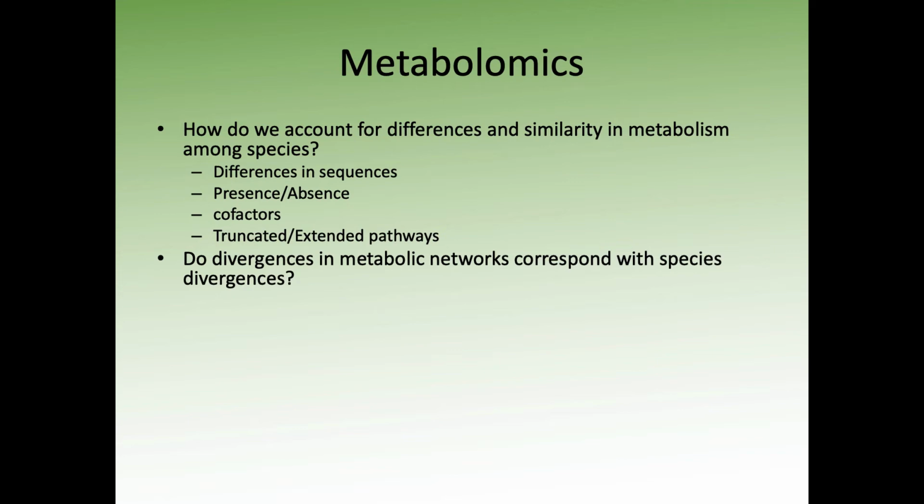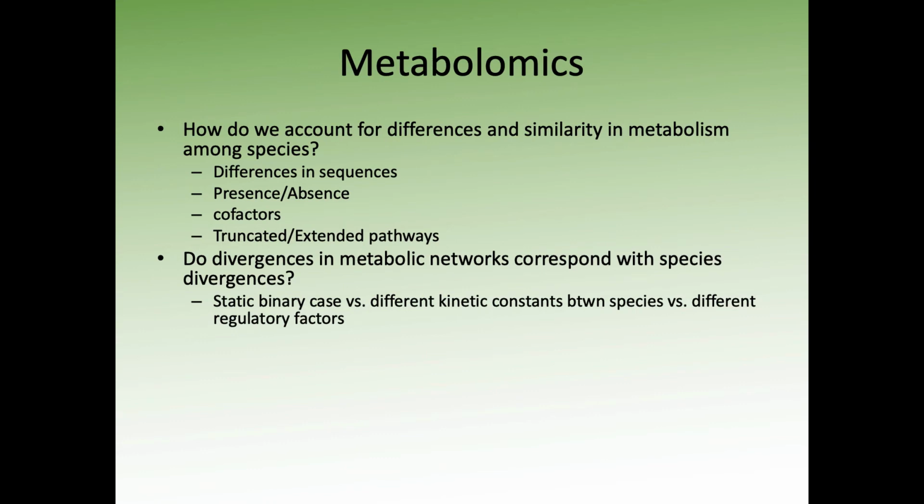Especially when we're thinking about the second case and from a comparative genomics framework, we can end up with alternative hypotheses about whether the divergences we're seeing are due to static binary case differences, say like comparing the two different pathways between halophilic and thermophilic archaea, or maybe it's different kinetic constants in these reactions that are driving things between species, or different regulatory factors.